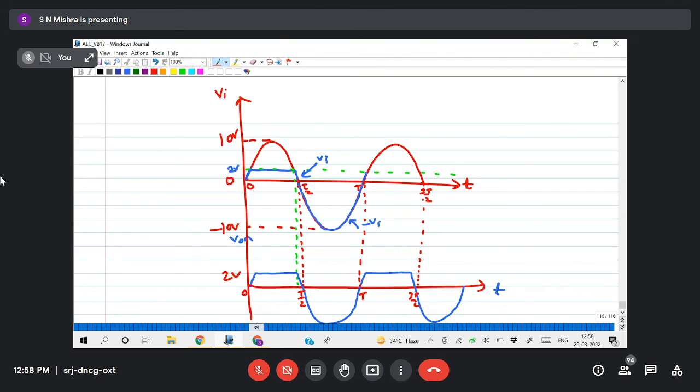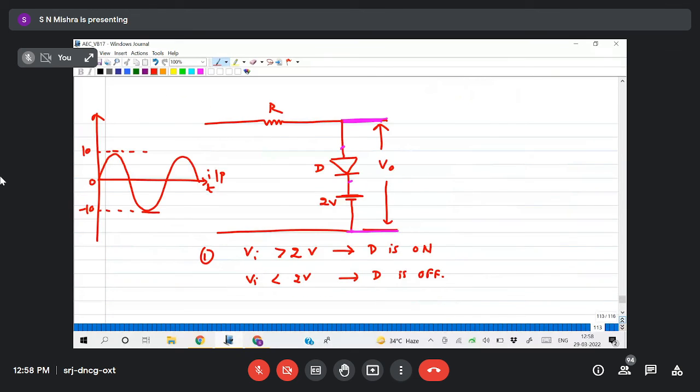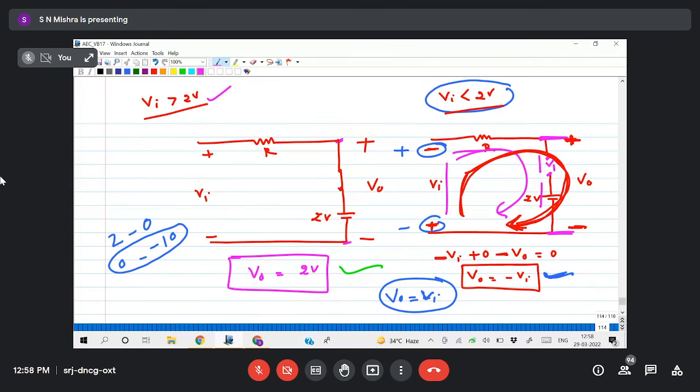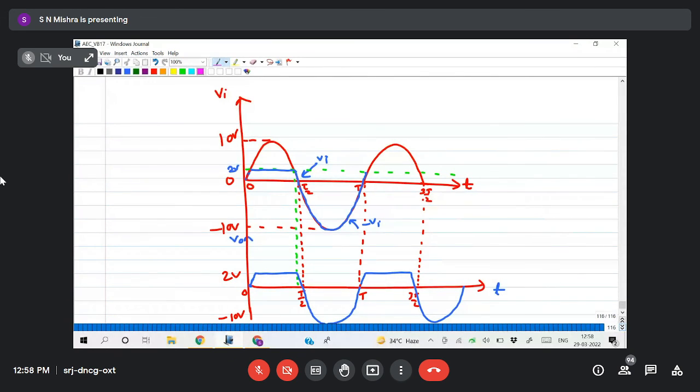Below that, it will be minus 10. Understood how you draw the diagram, how you have analyzed. First you find out the condition, then the equivalent circuit, then apply KVL, then draw the waveform. Once you complete these 3 to 4 steps, then you'll get the correct answer.